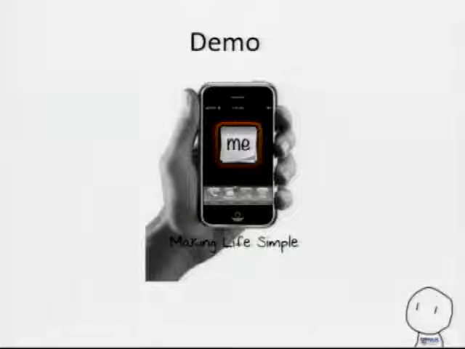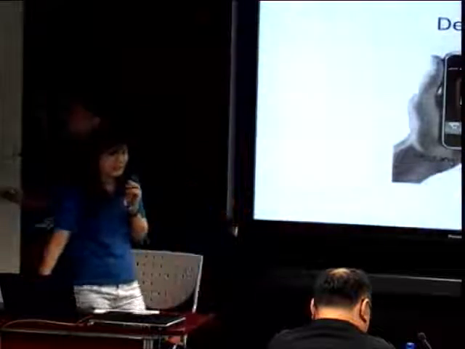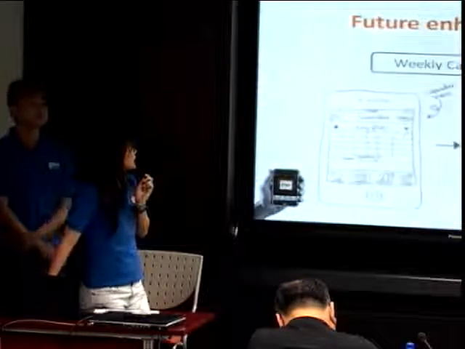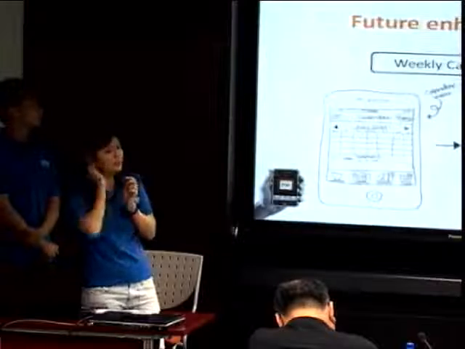Okay, thank you, Wikiet. After looking at the demo, we have already come out with the application, but we feel that there might be further enhancements that can be made, which we did not do due to time constraints. So one of the future enhancements that we are thinking of doing is a weekly calendar view.